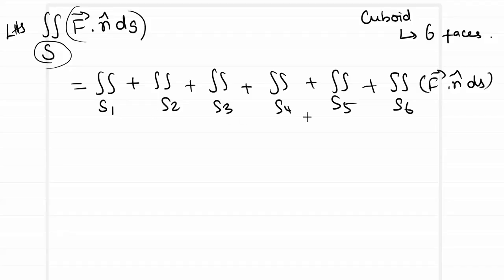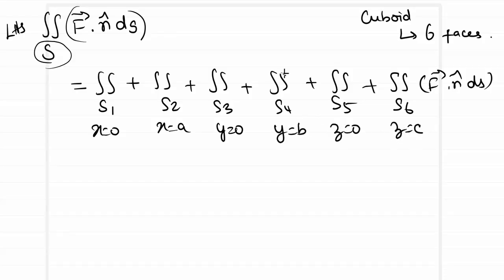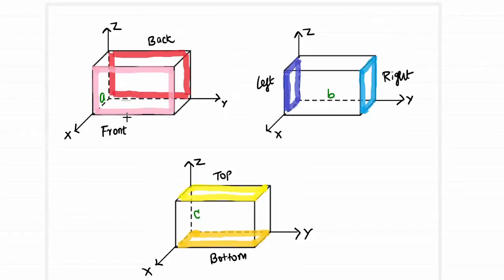So now what are the 6 surfaces over here for me? The 6 faces are x equal to 0, x equal to a, y equal to 0, y equal to b, z equal to 0, z equal to c. So now let us try to visualize this data. This box has a front, a back, a left, a right, a top, a bottom.